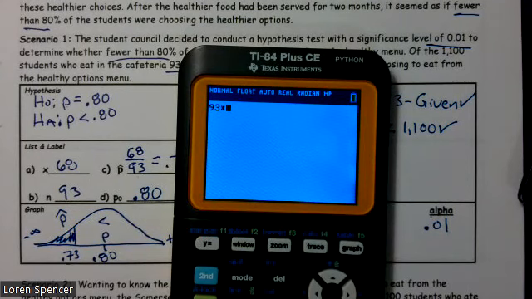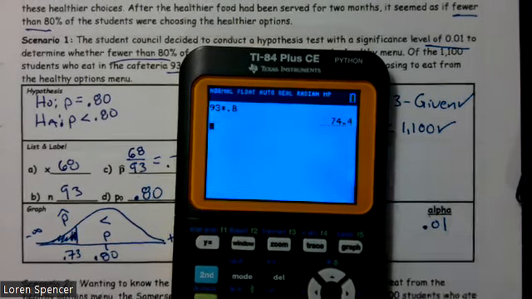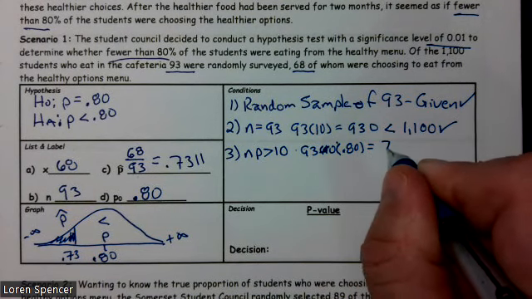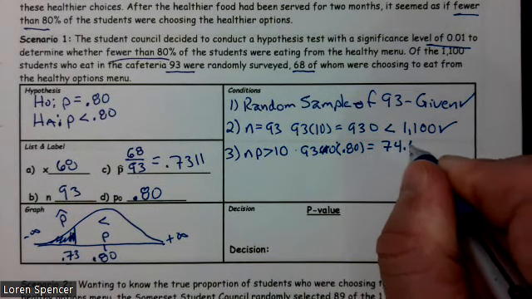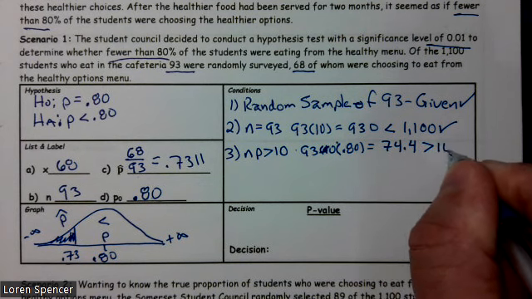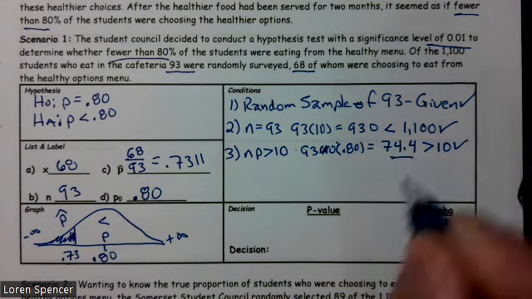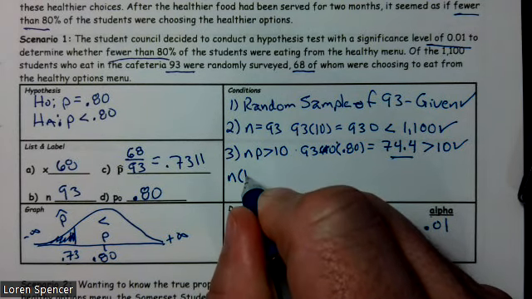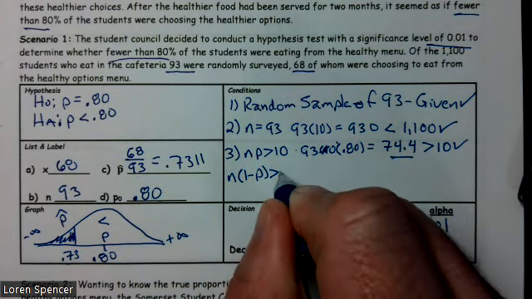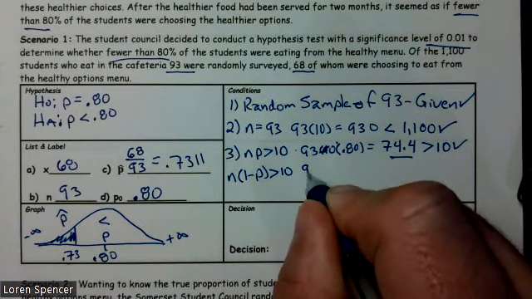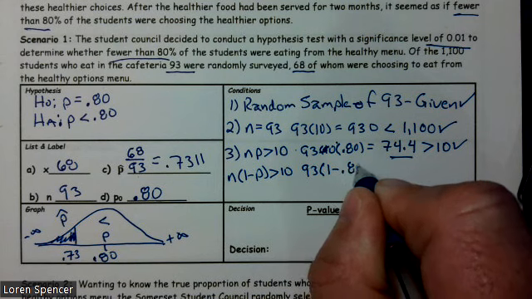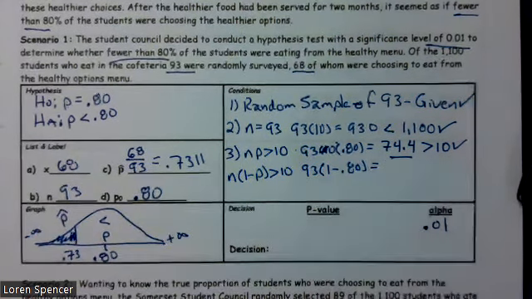93 times 0.8. And we get 74.4. And I need to see that that is greater than 10. So I need to see this multiplication take place. The other thing is, and we're going to need to go n times 1 minus p is greater than 10. So in this case, 93 times 1 minus 0.80, let's see what that equals.